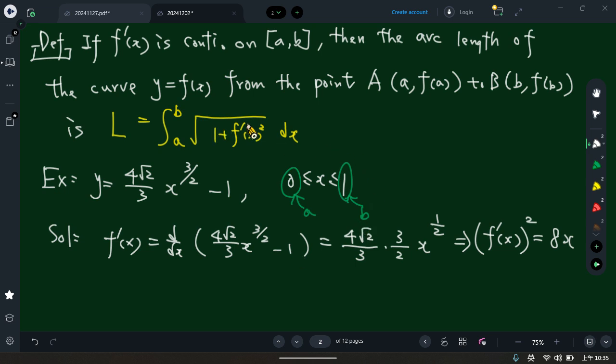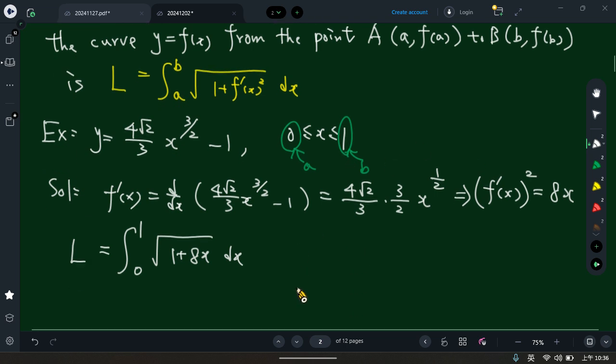So you already have f prime of x and f prime of x squared here, so the arc length from A to B is L equals the integral from 0 to 1 of the square root of 1 plus 8x dx. How do we continue to get the answer?